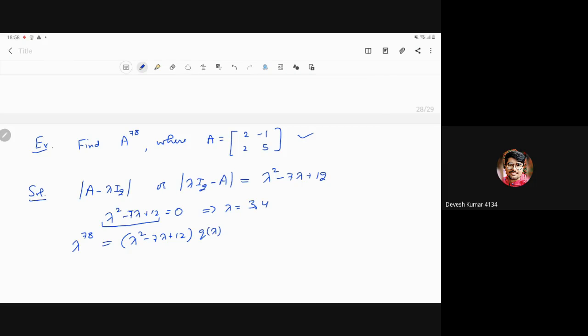This is divisor, this is quotient. I don't need to write the quotient. Plus remainder, I am sure what I will get: a linear expression in lambda. Because you are dividing by a quadratic polynomial, the remainder would be a linear polynomial. Am I right?